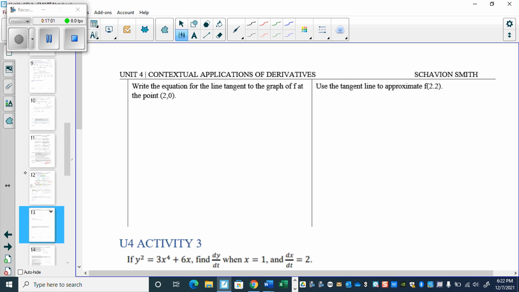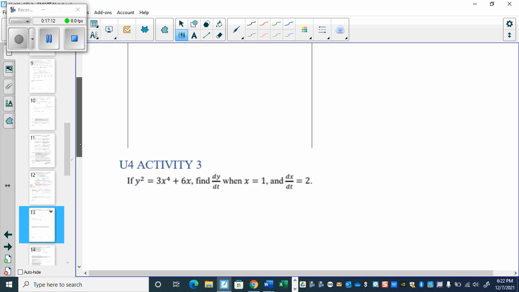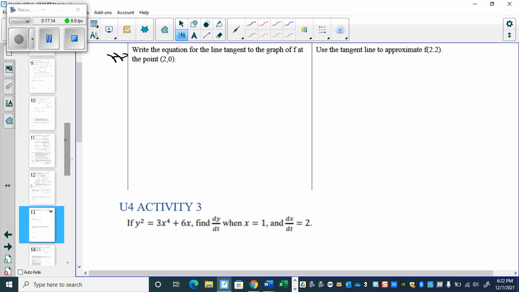And that's all you do for linear approximations: write the equation of the tangent line of f at the point, 2, 0. I'm going to let you do that for some homework practice, and we're going to move on and end it right there.